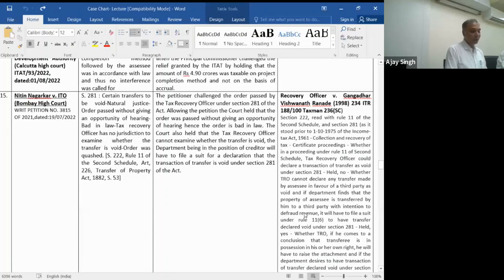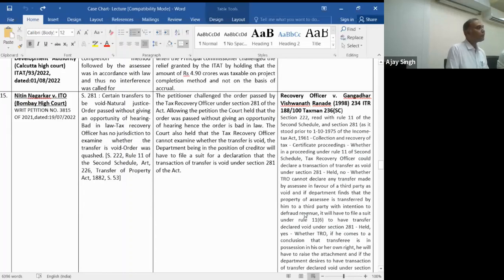Further, the TRO cannot declare any transfer made by the assessee in favor of a third party as void. If the department finds that the property of the assessee is transferred by him to a third party with the intention to defraud the revenue, it will have to file a suit under Rule 11, sub-rule 9(6) to declare that particular transfer as void under Section 281.